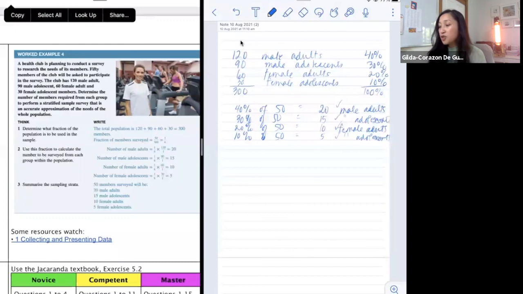Okay, now sometimes this example here would be perfect because you don't have any decimals, but sometimes you get some questions wherein when you figure out the number, you would get decimals, and what do you do? Just round them. Okay, also sometimes when you round them, you don't get to 100%, sometimes you get 101, sometimes you get 99%.